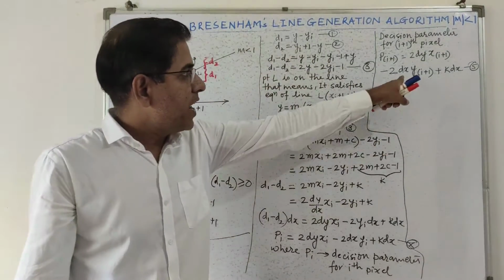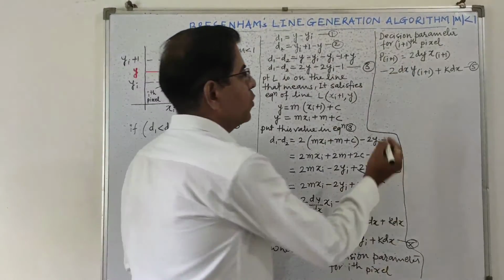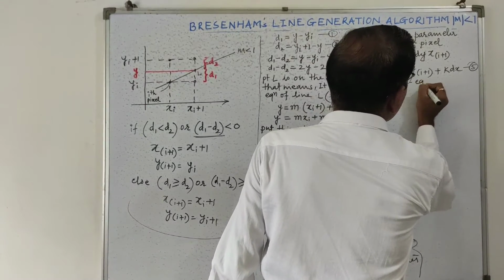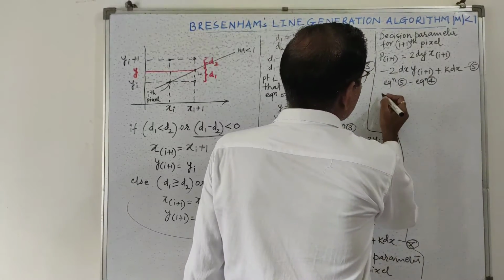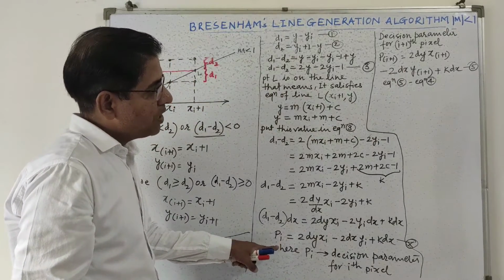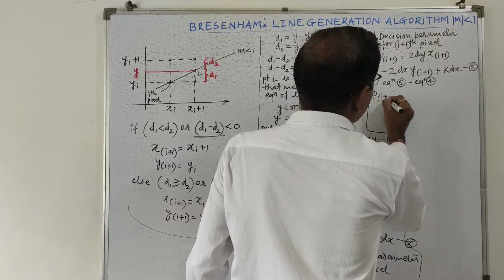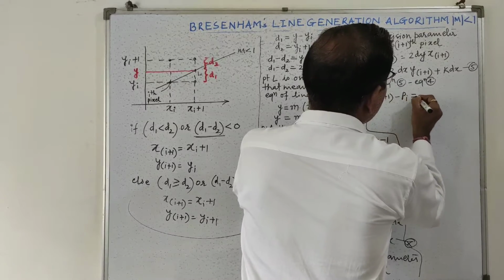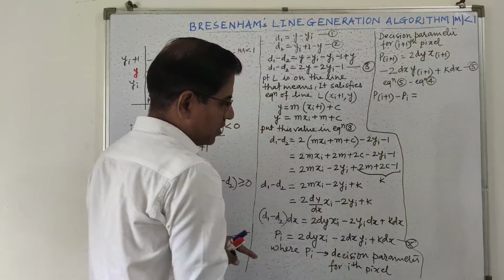Now subtract equation 5 minus equation 4. So equation 5 minus equation 4 will give you, on the left side of this equation, pi plus 1 minus pi, and on the right side, this expression minus this expression.